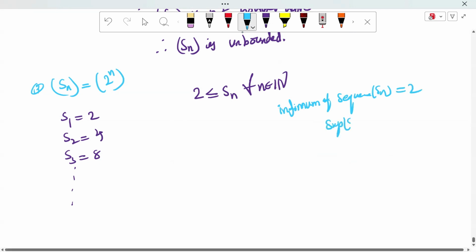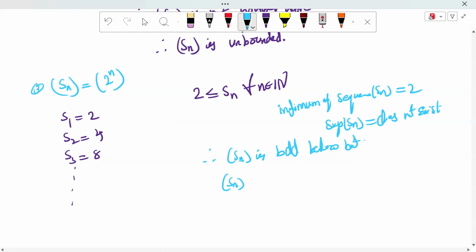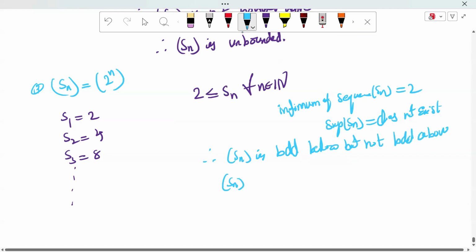Supremum of the sequence Sn does not exist. Therefore, the sequence Sn is bounded below, but not bounded above. Therefore, Sn is unbounded.